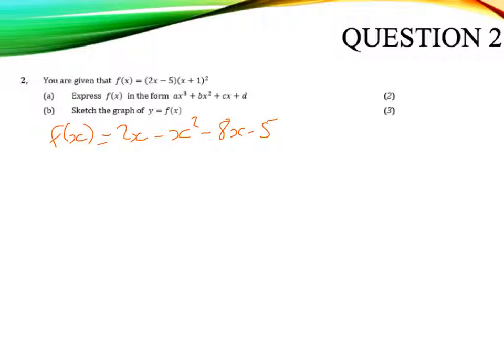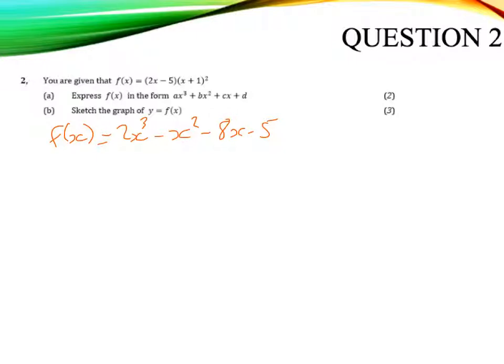Okay, let's have a think about what we actually know about this graph. Well, we know that we've got some roots. The roots of this graph are going to be when f of x equals 0. So we can use the question to help us out here.